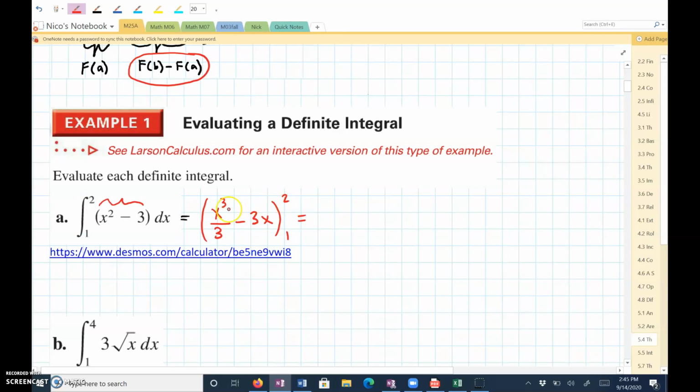So the first thing we're going to do is plug 2 in for x into the antiderivative, so it's going to be 2 cubed over 3 minus 3 times 2, minus 1 cubed over 3 minus 3 times 1.